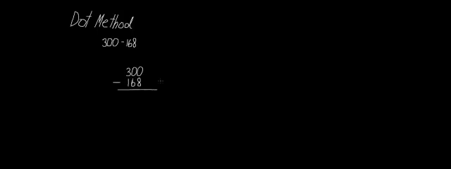And when we have to subtract a bigger number from a smaller number, we use the dot method. That is, we put a dot on the digit which is on the left-hand side of the bigger number.